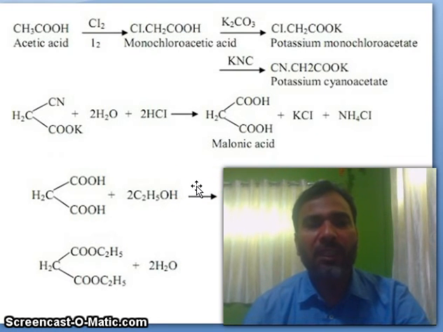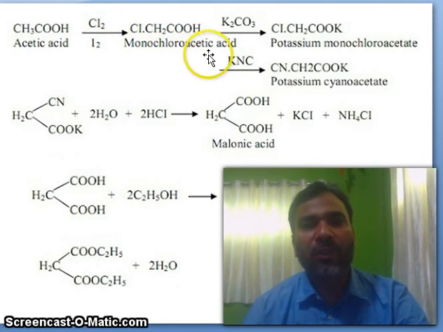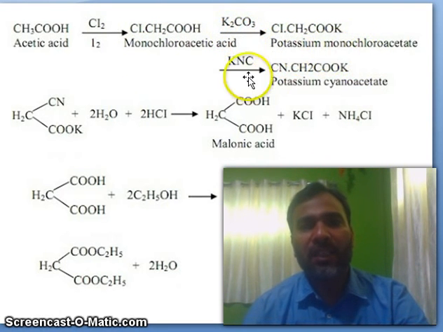Now how do you synthesize the active methylene compound malonic ester? Starting from acetic acid, it undergoes reaction with Cl2 and I2. This hydrogen is replaced by Cl, and it becomes monochloroacetic acid. It undergoes further reaction with potassium carbonate to become potassium monochloroacetate. Further reaction with KCN gives potassium cyanoacetate.